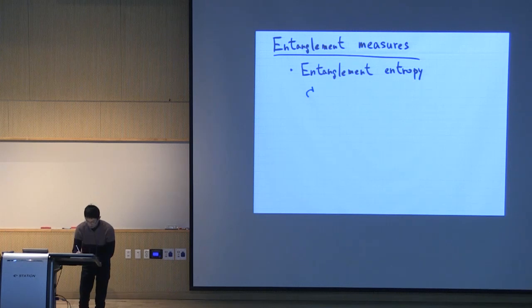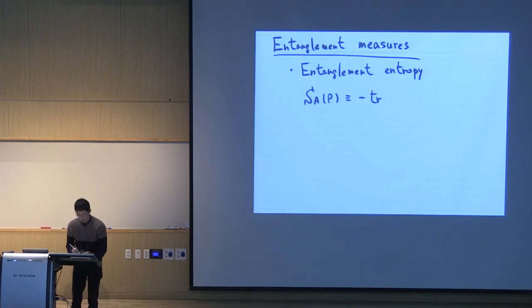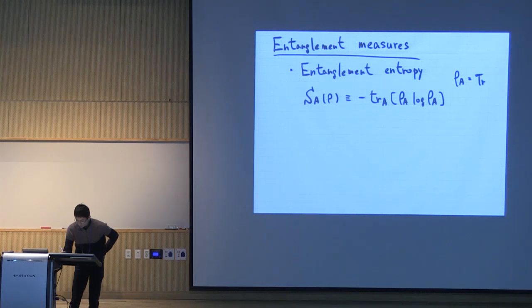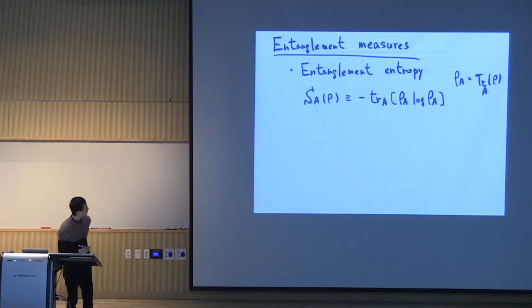Most of you probably know the definition, because it's given by the von Neumann entropy. Let's consider some system A. Then the entropy is given by minus trace of rho A log rho A, where rho A is the reduced density matrix, obtained from some density matrix rho by taking a partial trace over the complement system A bar.